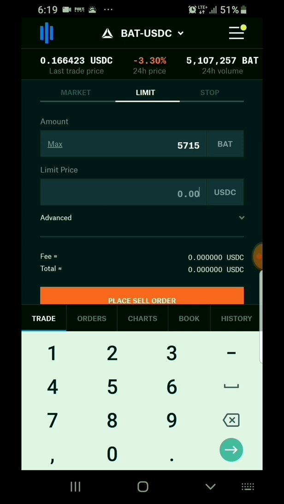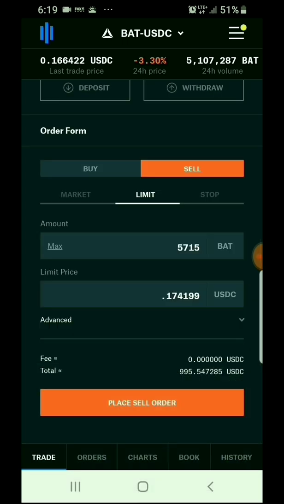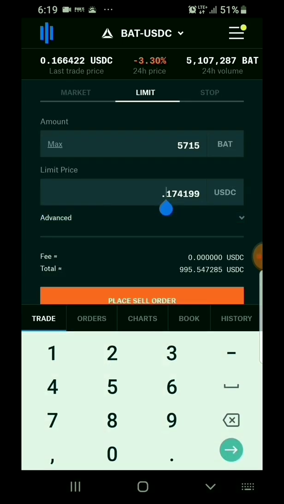Okay, it should be 0.174199. I'm just making that zero, put a 0 there. That way I know there's definitely no mistake as far as what I'm doing.